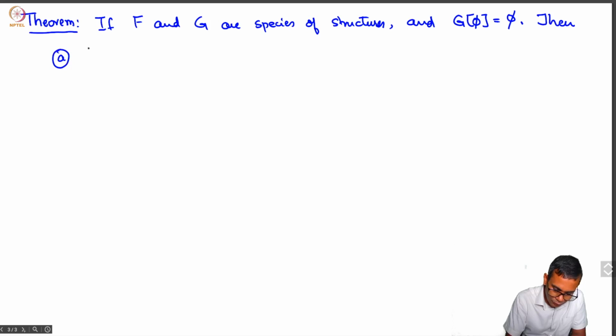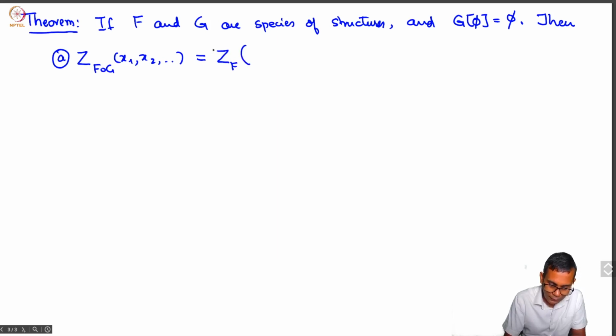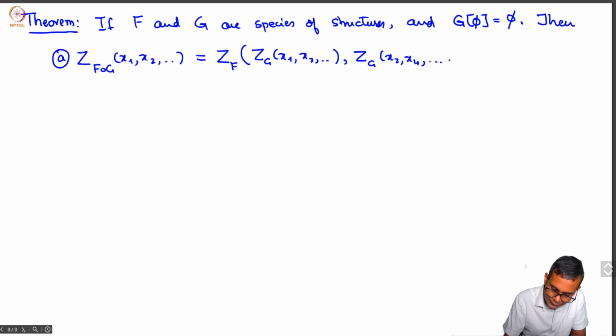we have, for cycle index generating series, Z of F circle G of x1, x2. It's a bit complicated. It's Z of F, and now you substitute in place of x1 ZG of x1, x2, and in place of x2 you substitute ZG of x2, x4, x6 and so on, and in place of x3 you substitute ZG of x3, x6, x9 and so on.